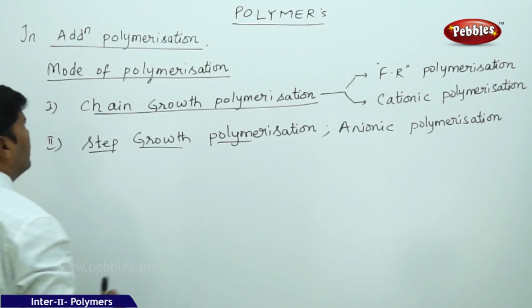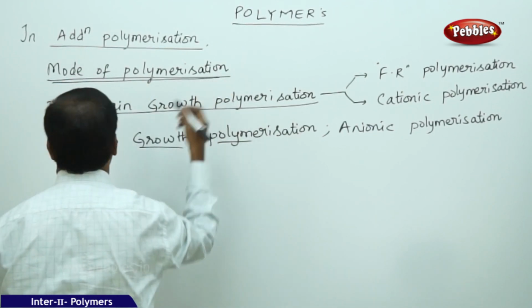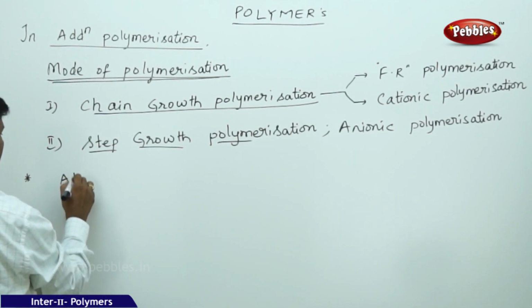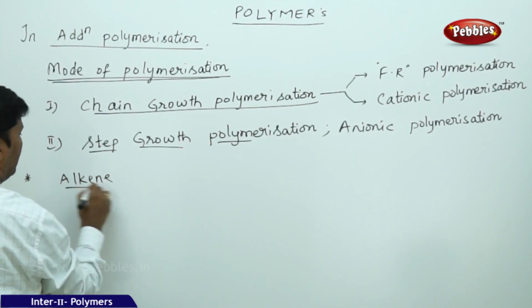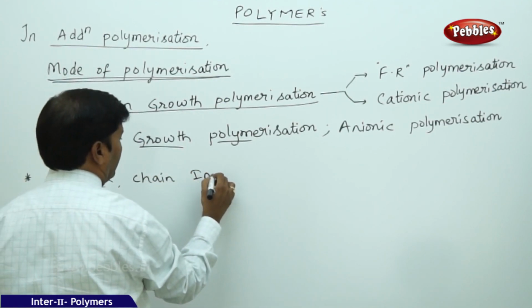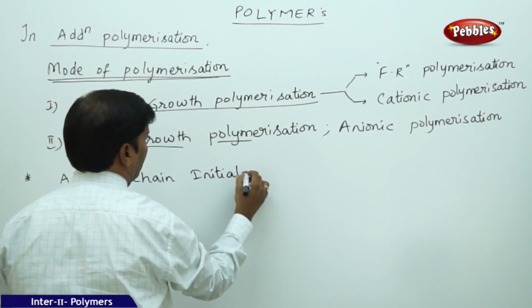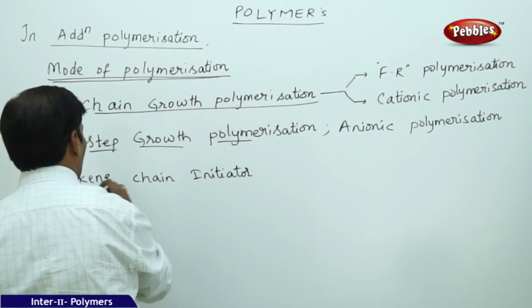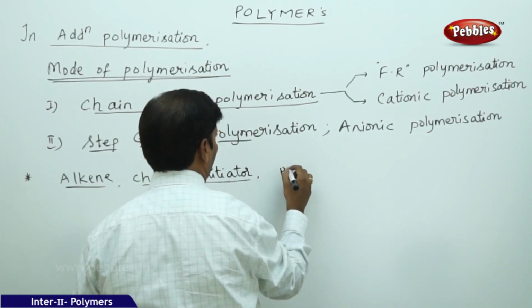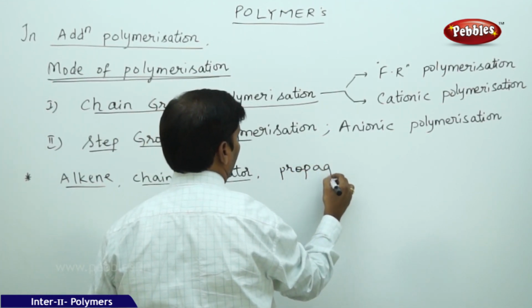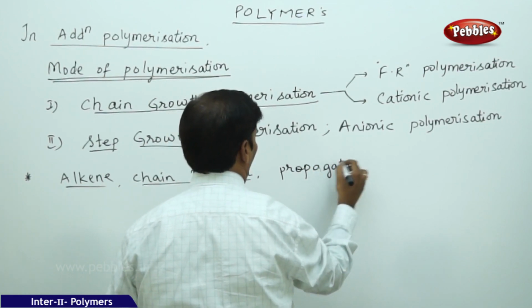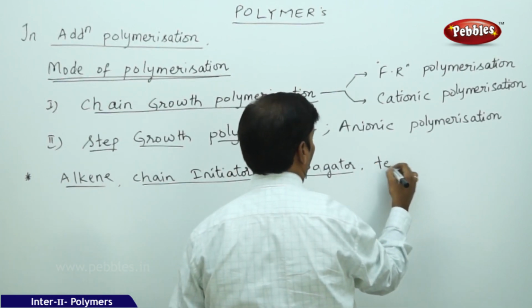So to carry out this mode of polymerization, we need an alkene, a chain initiator, a chain propagator, and termination.